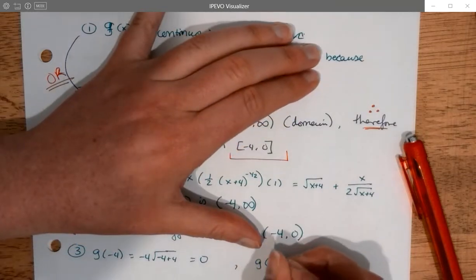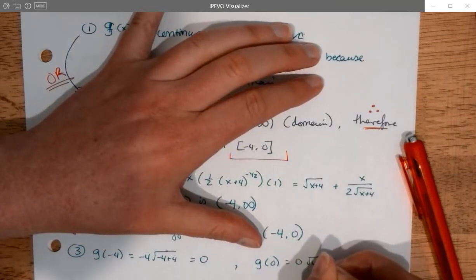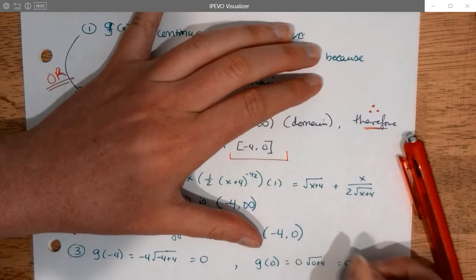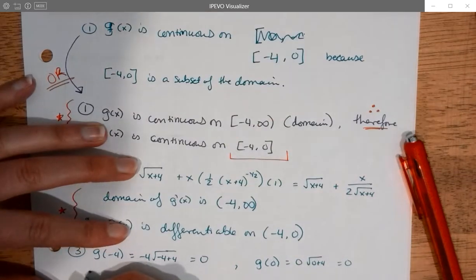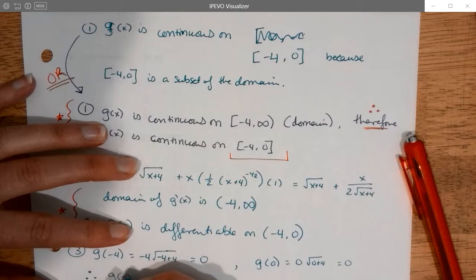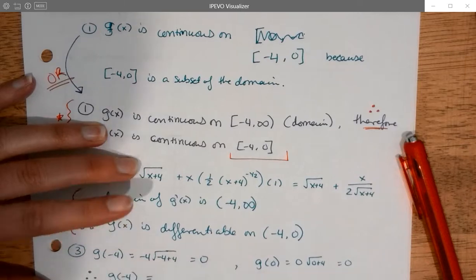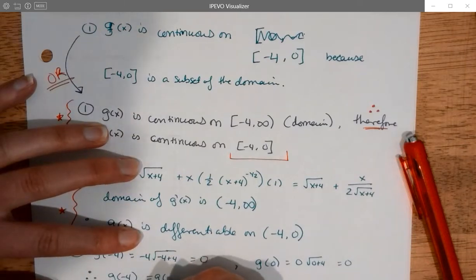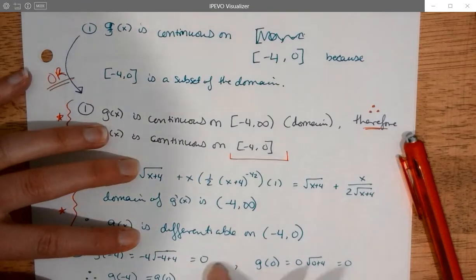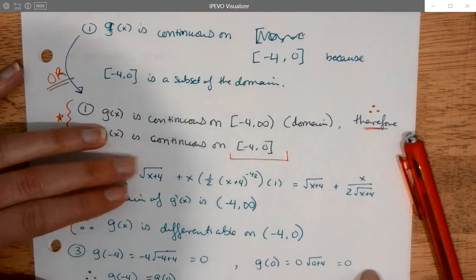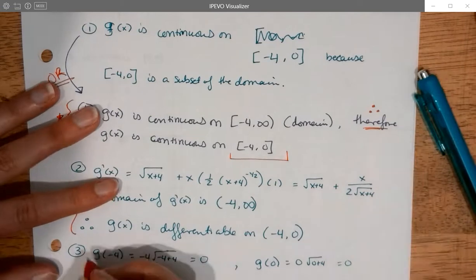And g of 0 is 0 times square root of 0 plus 4, so that's 0. So we have another therefore. g of -4 is equal to g of 0. They don't have to both be 0, they can both be 2. They need to be the same, they need to equal each other. Okay, so this is our third condition.